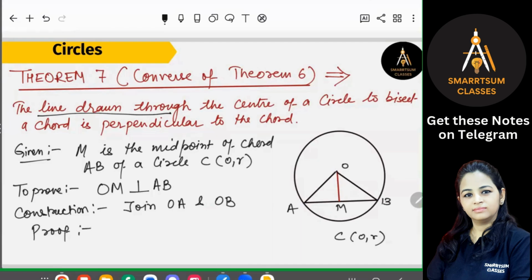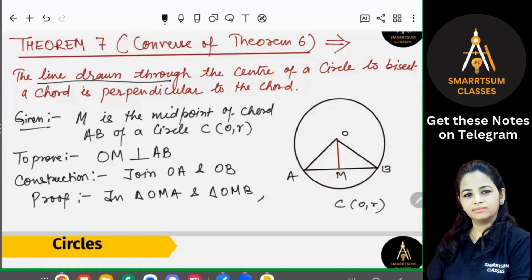By drawing these lines OA and OB, you can see there are two triangles again here, OMA and OMB. So let's see what we have in these two triangles.